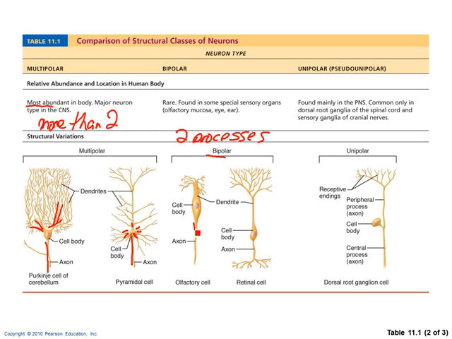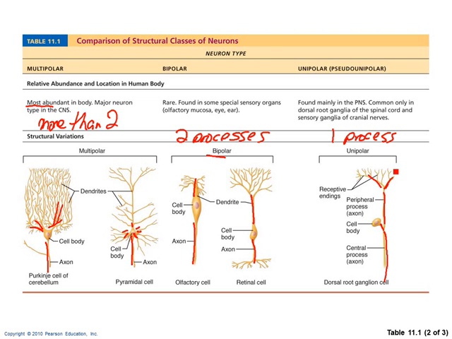So you have always one axon, and there's just one dendrite coming off the cell body. So you just have 2 things. Bi means 2. If it's unipolar, that means there's just one process coming off the cell body. It then divides into an axon-like and dendrite-like area. So here's one process, goes into the axon, and then it divides kind of into a receptive dendrite type neuron process.